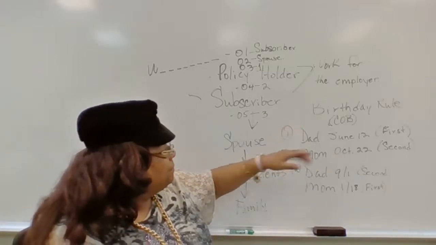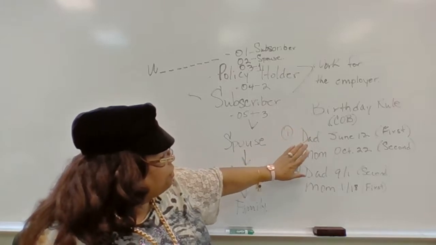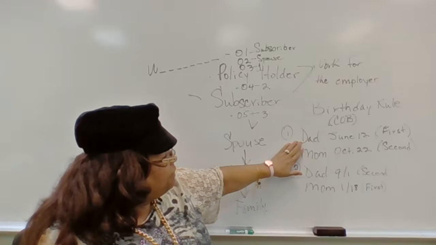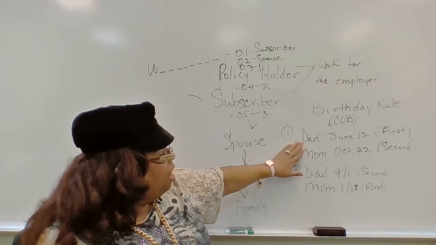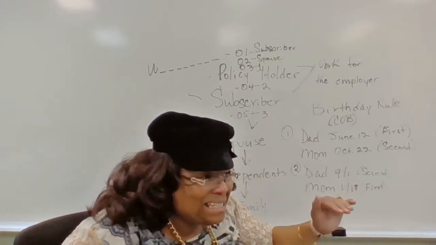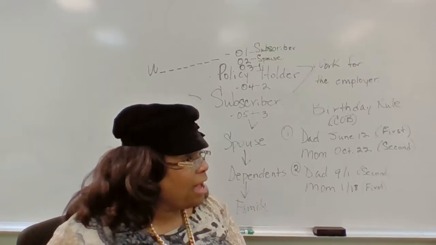It could be opposite. If the divorce decree says that the mother has to provide benefits, but the father has custody, again, that negates the birthday rule. That means she has to provide it.